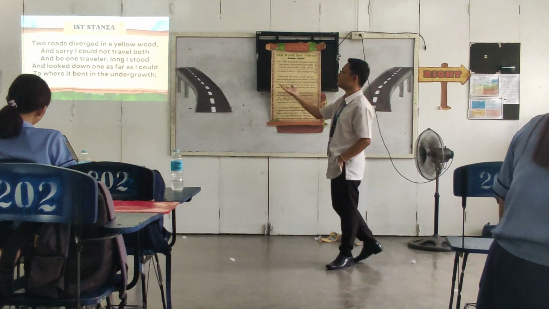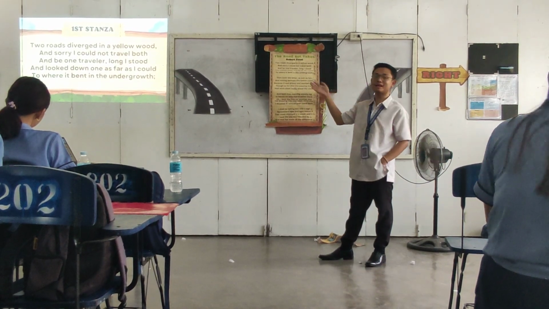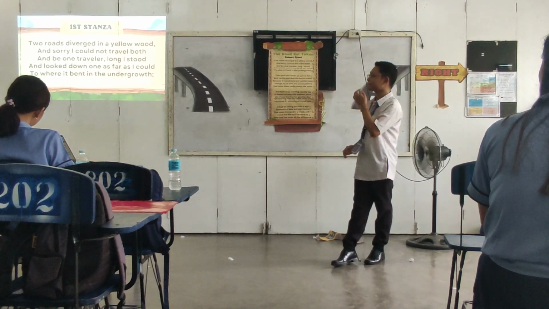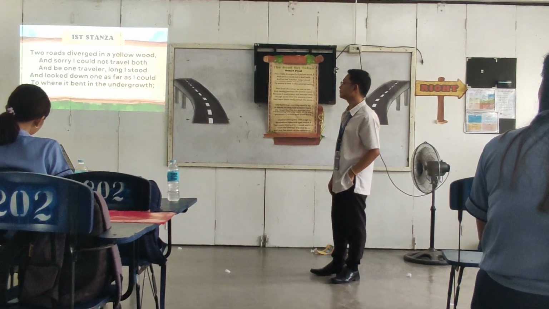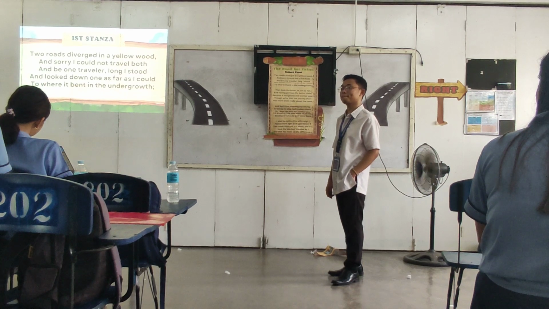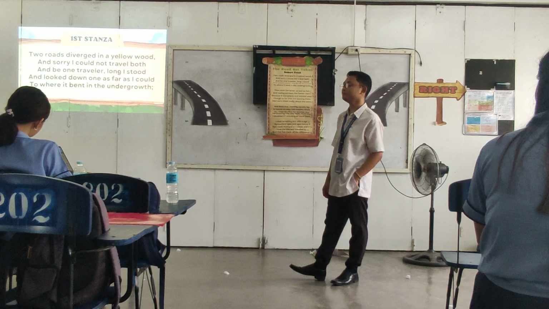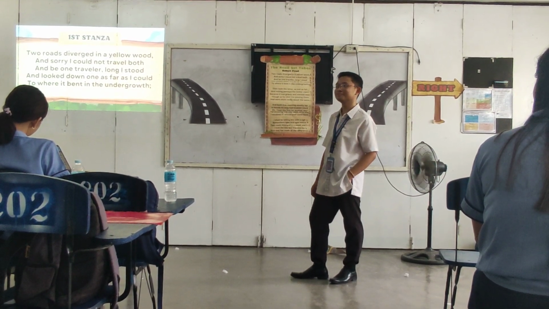So what is the meaning or the message behind the first stanza? Let's have Miss Wilma. So for the first stanza, I think the author of the poem is confused on what road he will be taking because he had to choose only one.